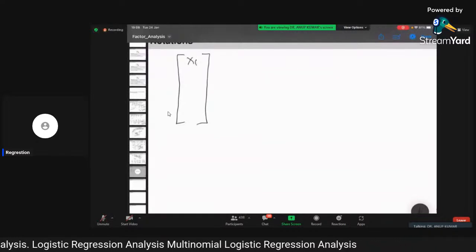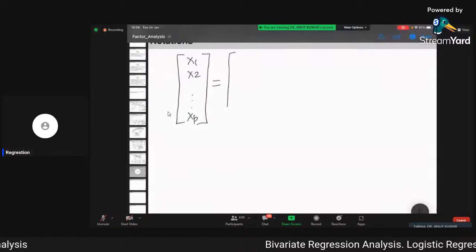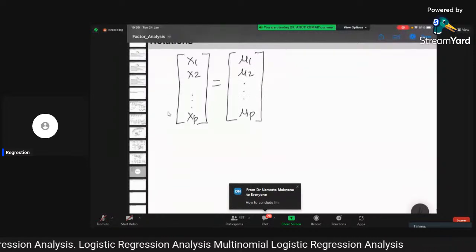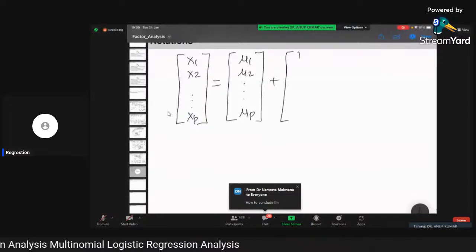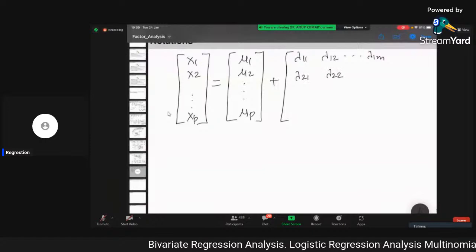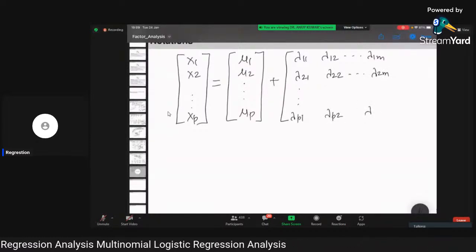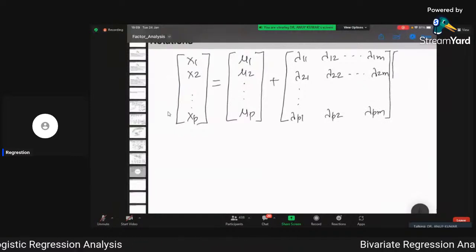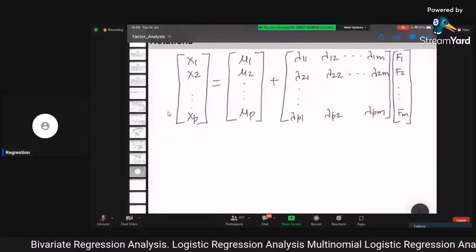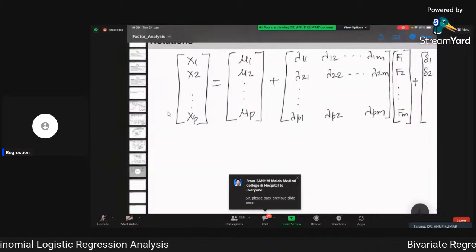There are p observable quantities, and it is written like this: the mean vector of all these observable quantities plus the factor loadings, multiplied by the factors F1, F2, Fm, plus the error term, which is delta 1, delta 2, delta m.